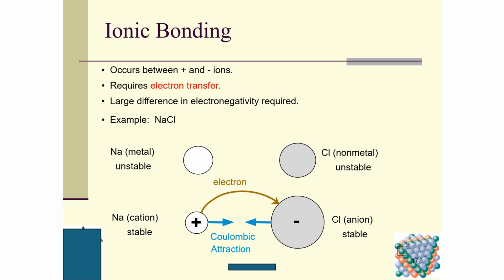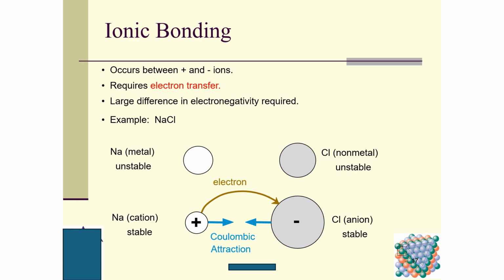For example, sodium chloride. Sodium, Na, is a metal and is unstable, and chlorine is a non-metal and is also unstable.